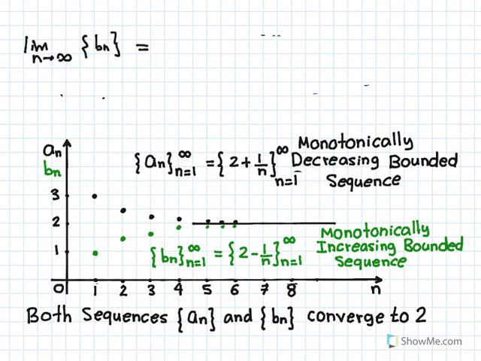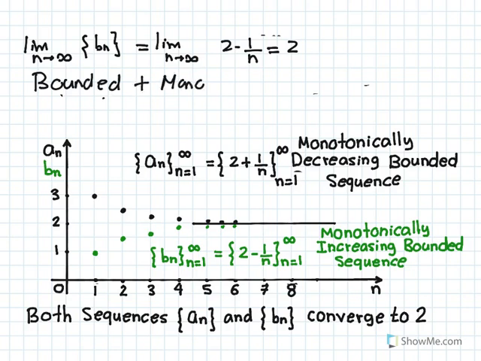This is equal to the limit as n goes to infinity of 2 minus 1 over n, which is equal to 2. So we have a bounded plus monotonic sequence that converges, and this means the sequence converges, and we found the value of the converging limit by taking a limit as n goes to infinity. This sequence converges to 2.